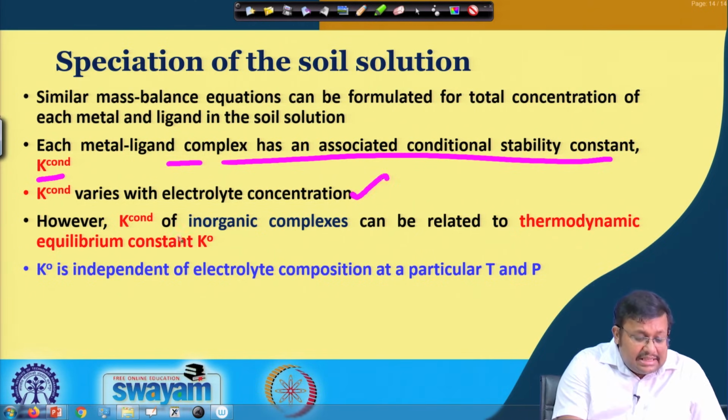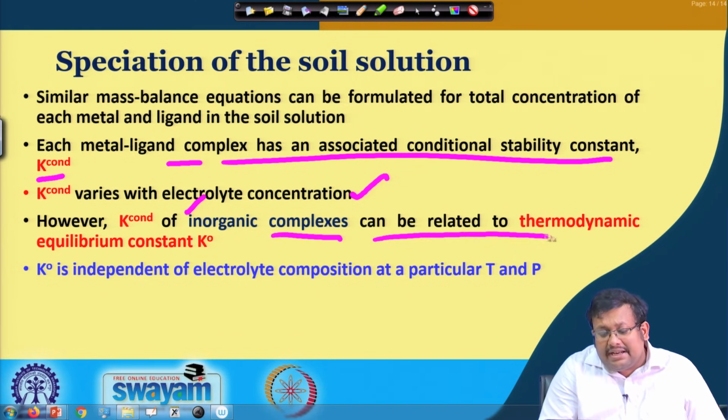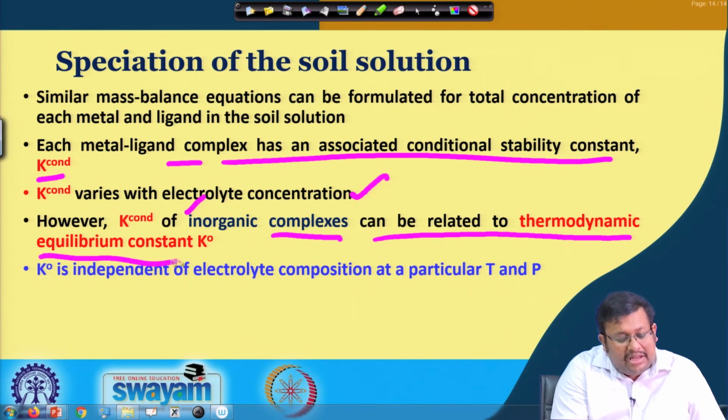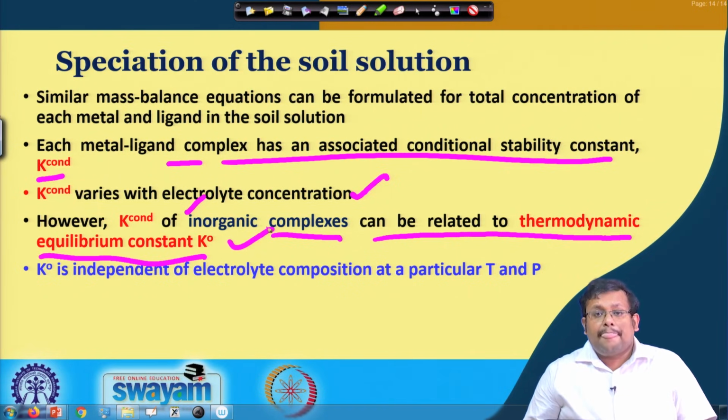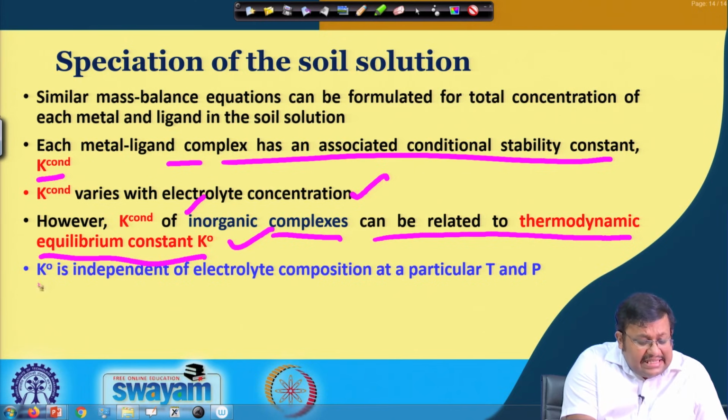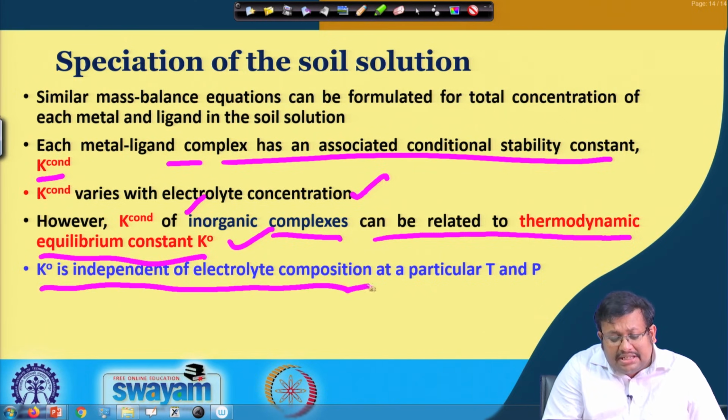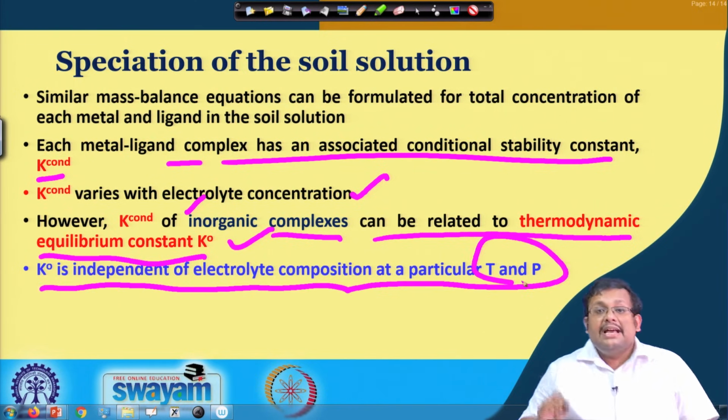However, the conditional stability constant of inorganic complexes can be related to the thermodynamic equilibrium constant K0. Now, this K0 is independent of electrolyte composition at a particular temperature and pressure.